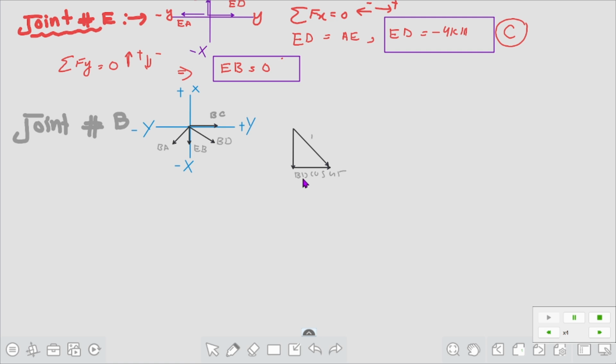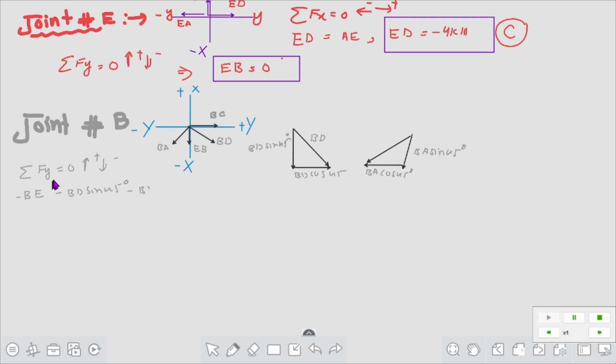So BD cos of 45 and BD sine of 45, and there is another force which is not purely in horizontal or vertical. So BA, if I resolve it, BA cos of 45 and BA sine of 45 degree.